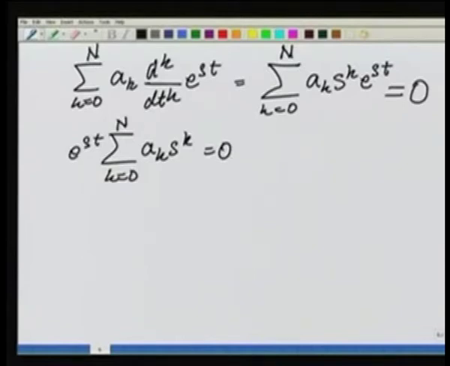Now, let us look at this carefully. This part, the second of the two factors, is a polynomial in s. And this is a time function.